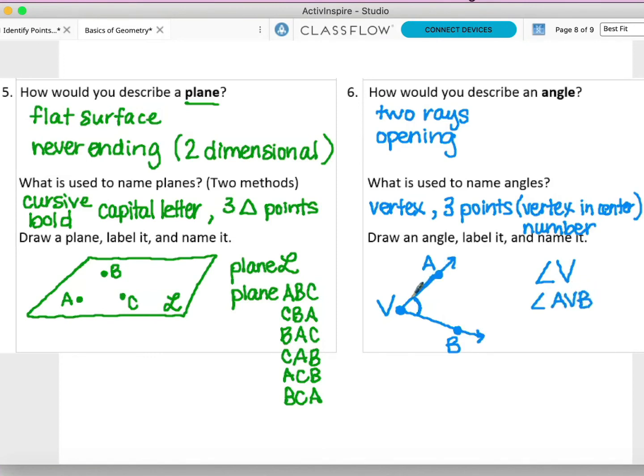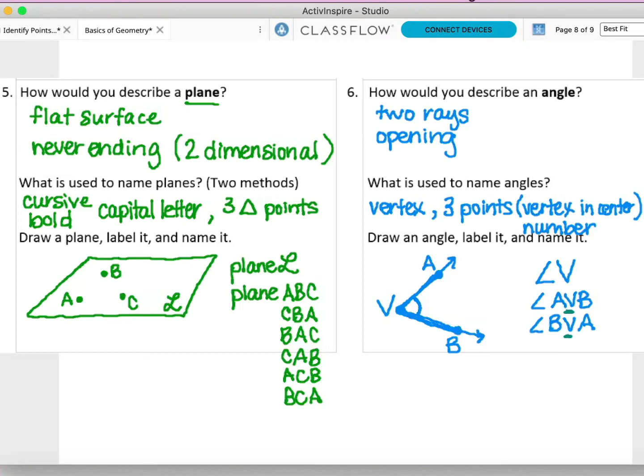Because if I go from A to V to B, I've rounded that corner. Similarly, I could go angle B to V to A, and everybody would know which corner I was going around. Notice that both times I put the V, I put the vertex in the middle. The vertex has to go in the center of those 3 points.